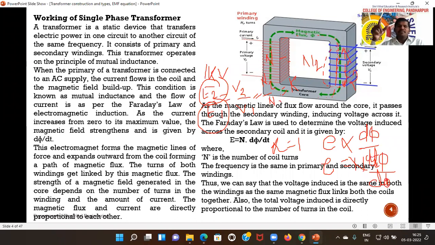So that we call it the mutual induction principle. So this is related to the working principle of the transformer. In the working principle, I have told you the definition of the transformer, the working principle, and how the EMF is induced in the transformer.